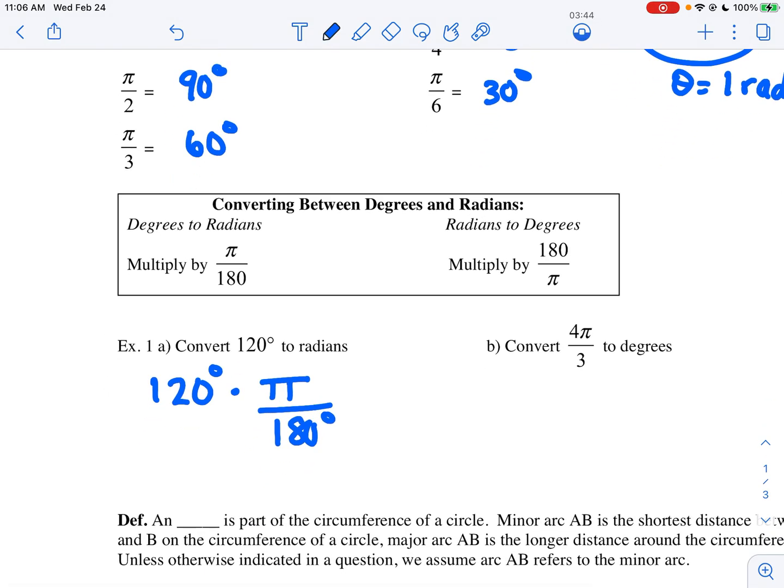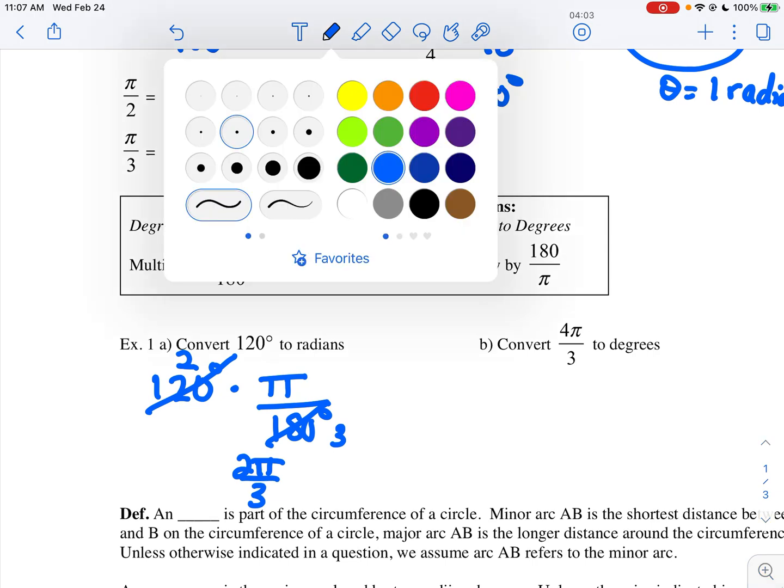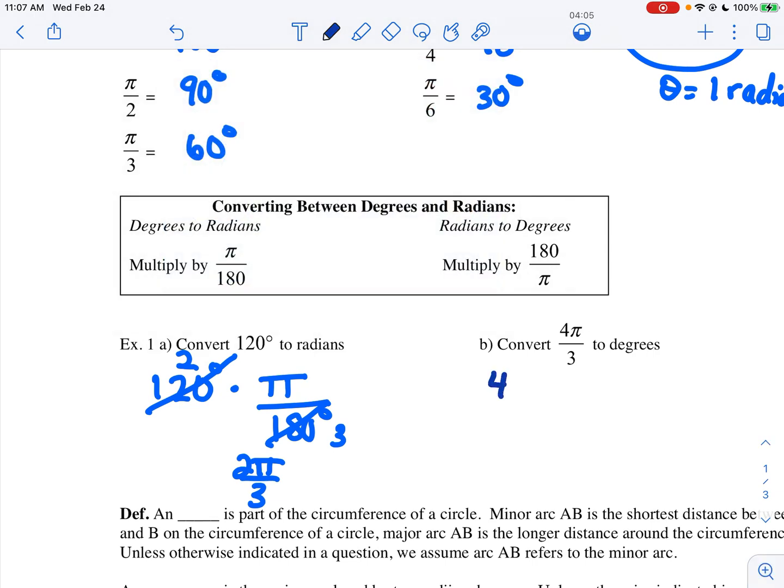And then notice the degree symbols cancel because one's in the numerator, one's in the denominator. All right, what do you get for 120 degrees? Well, you should get 2 pi over 3, because 60 goes into 120 twice, 60 goes into 180 3 times. All right, what if you want to convert 4 pi over 3 to degrees?